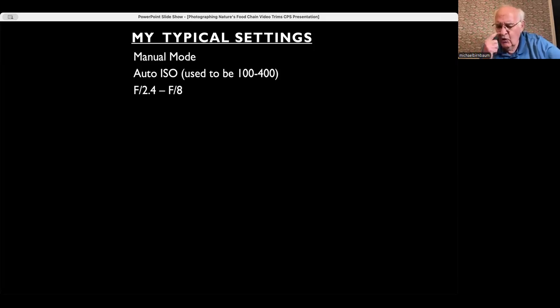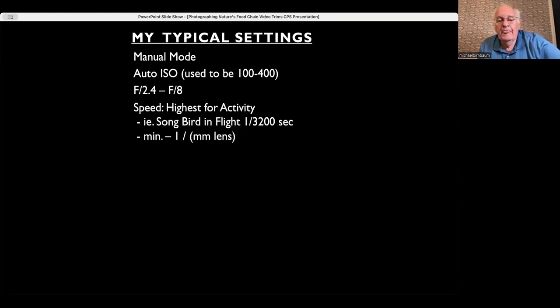I try to create bokeh in my images when I'm out there photographing. The highest speeds I usually use are 1 over 3200th of a second for a songbird in flight. Other than that, I try to keep the speed at 1 over the millimeter length of my lens. So if I'm at 600 millimeters, I try to keep it at 1 over 600.